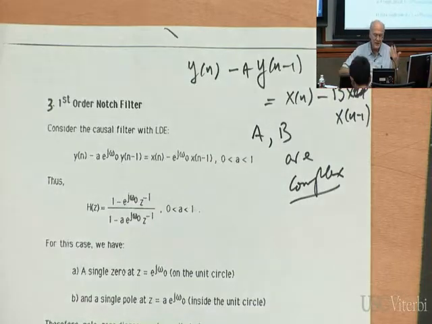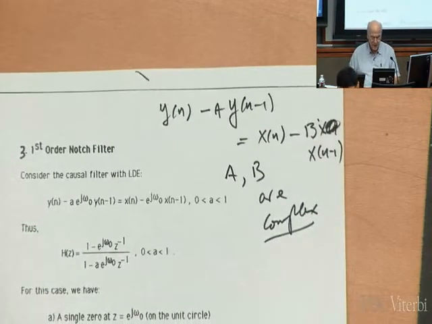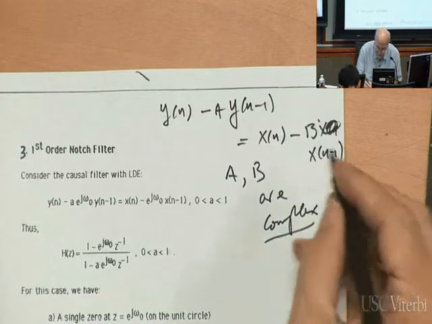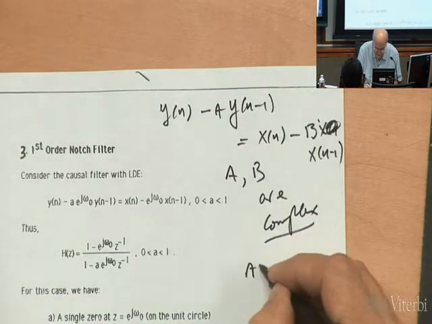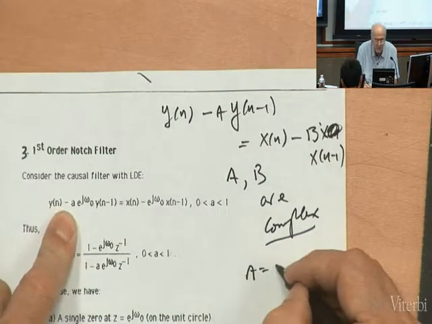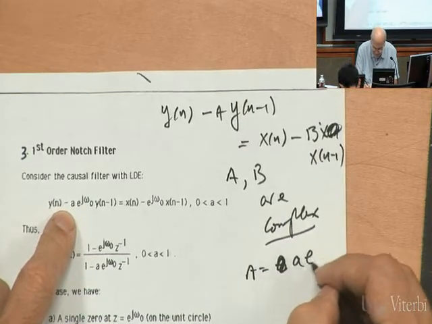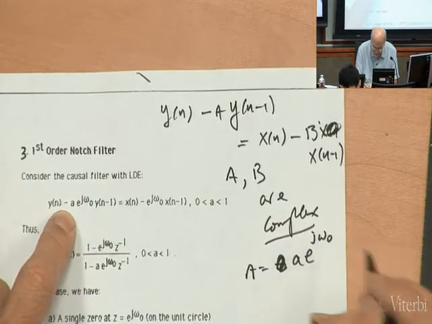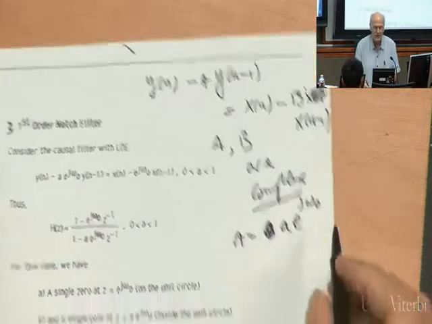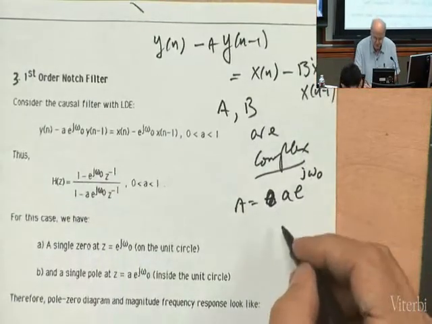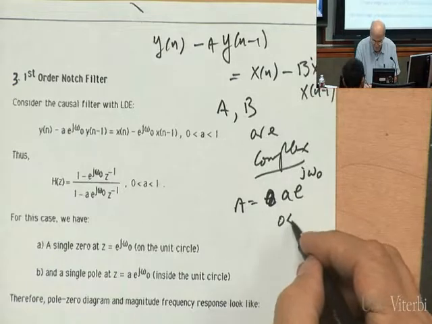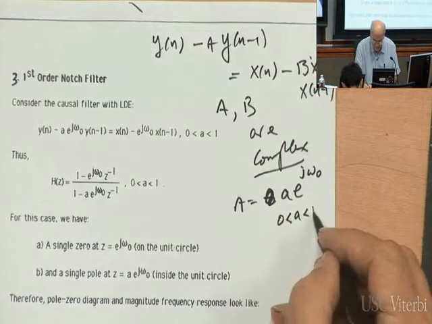So what are a and b, and what does it look like? The constant a can be written as little a e to the j omega naught, where little a is real, between 0 and 1, less than 1.